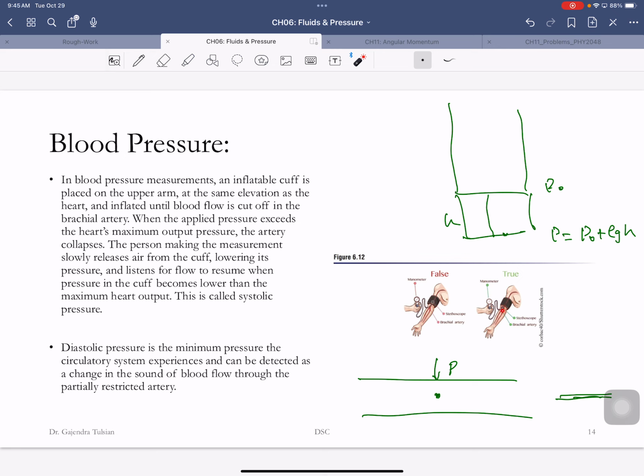Once the blood vessel collapses, there's no more blood flow and you don't hear the blood flowing. So you want to make sure that the cuff and the stethoscope are on the downstream side, and you don't want the stethoscope on the upstream side. That's the wrong placement of the stethoscope. You want it on the downstream side.